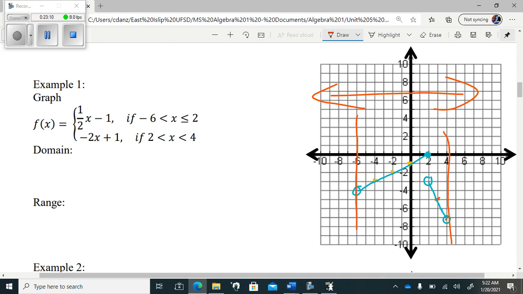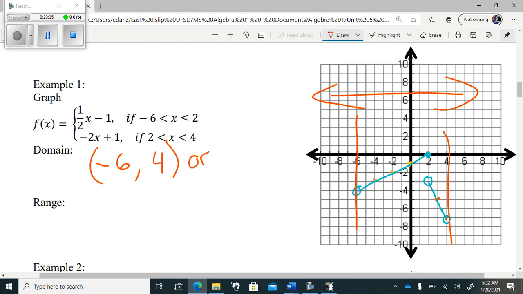The domain of this function starts at -6, ends at 4. Now you just have to figure out, if you're doing interval notation, do I use a bracket or a parenthesis? Since it's open circles at each end, it's parentheses at each end. So in interval notation, a domain is from -6 to 4.